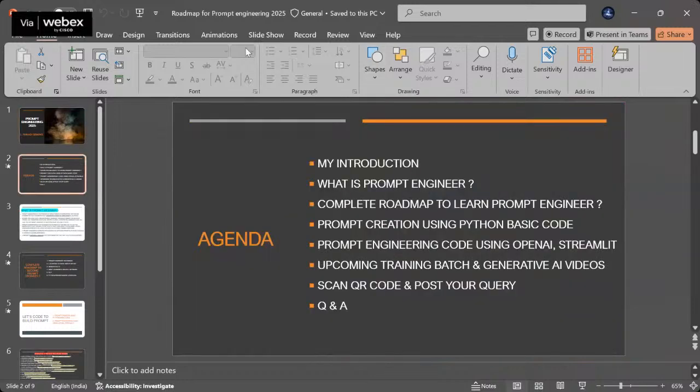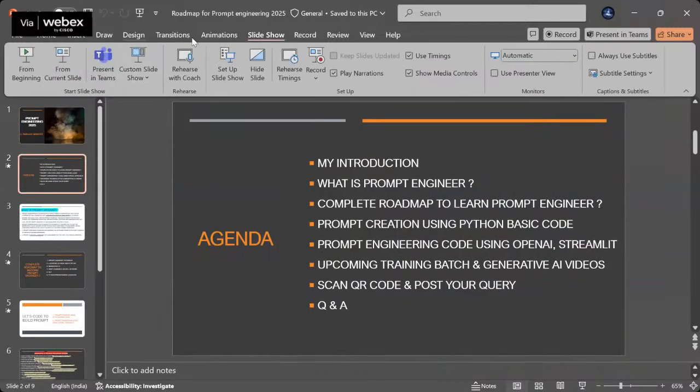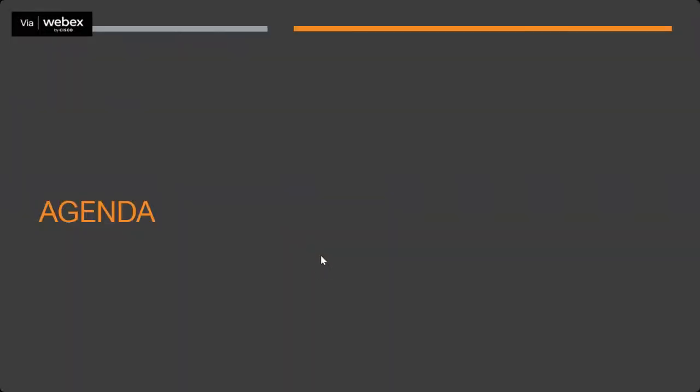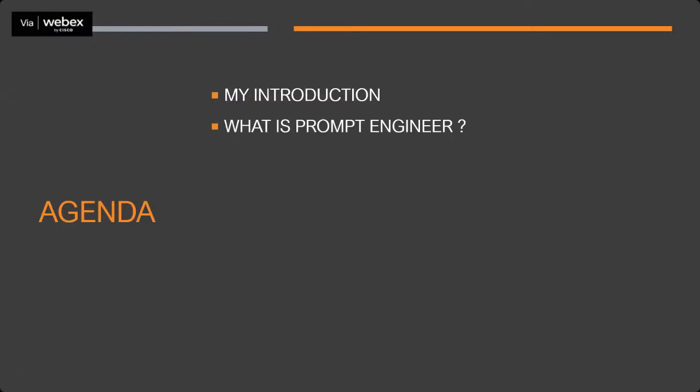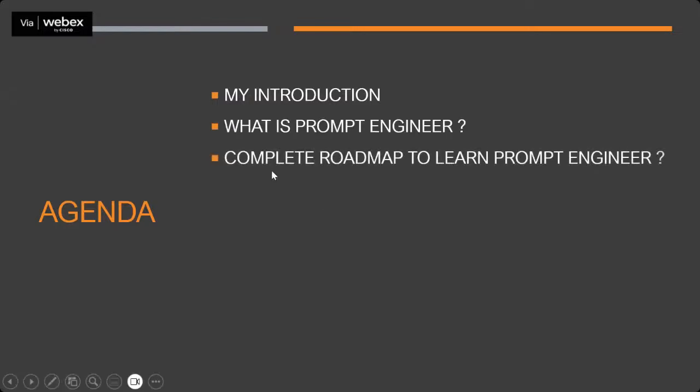Let's go back here and start the slideshow from current slide. So we'll understand all of these things one by one. My introduction, what is a prompt engineer, and the complete roadmap to learn prompt engineering. If a beginner, fresher or experienced person wants to get into the prompt engineering field, what exactly are the main key strategies required?